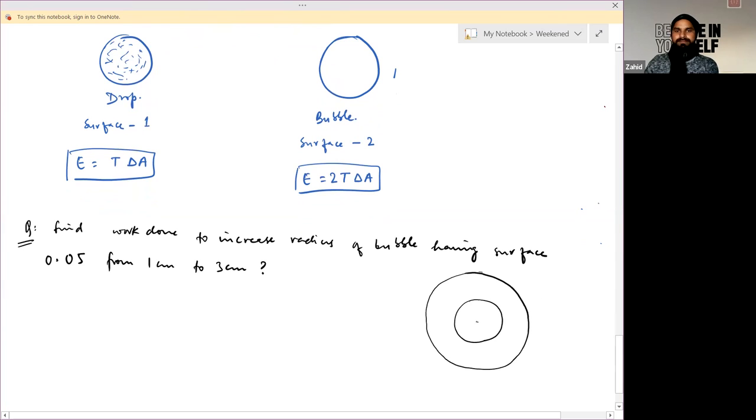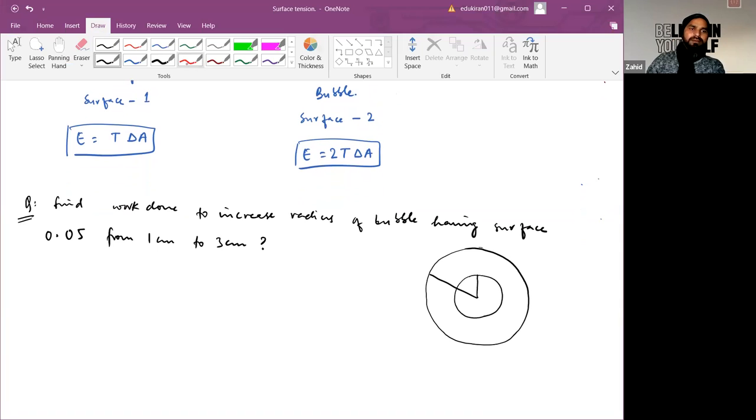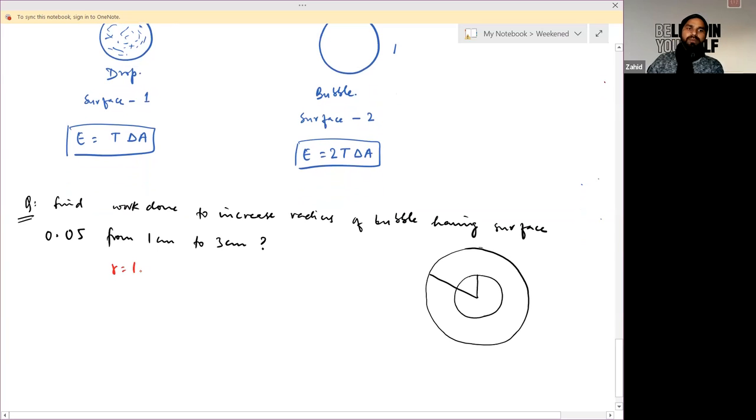The initial radius is 1 centimeter, which equals 10^-2 meter. The final radius is 3 centimeter, 3 times 10^-2 meter.